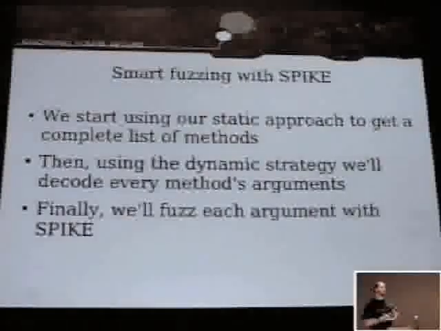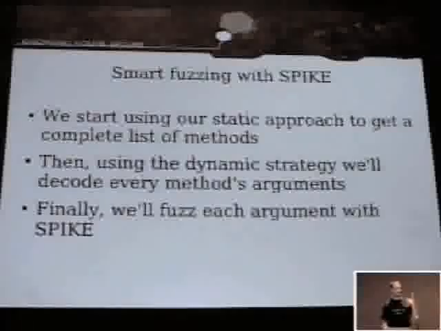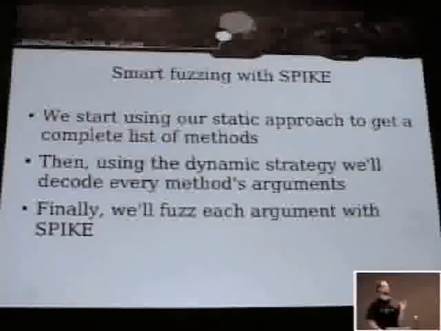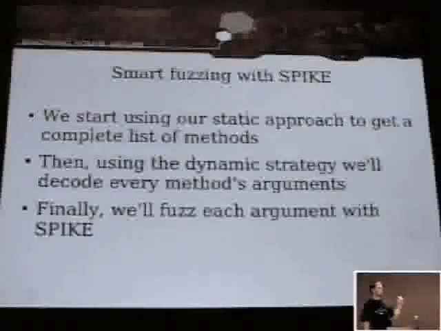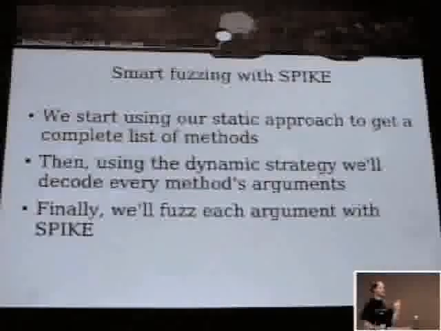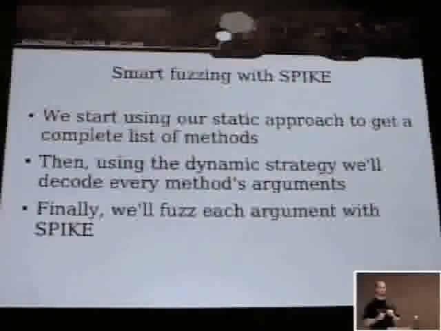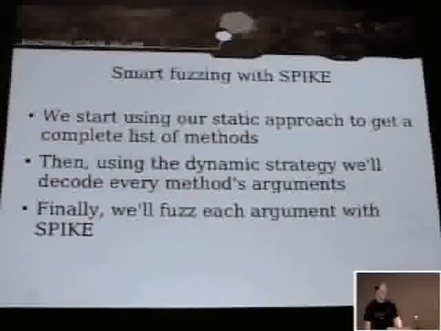First, using this static approach, we get a list of all the methods we can execute in the Adobe JavaScript. And then using the dynamic strategy, we get all the arguments of each method. And finally, we can fuzz each argument, because we know the type of the argument, using Spike, and do a huge JavaScript that fuzzes every method.